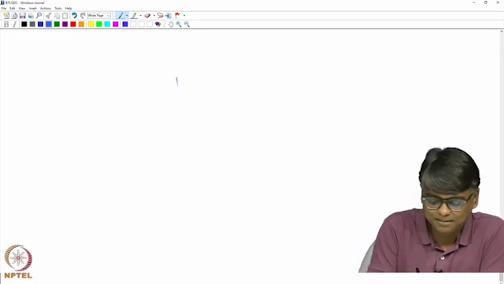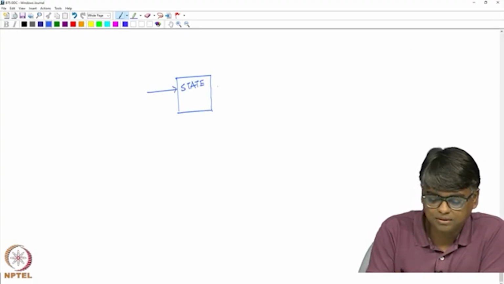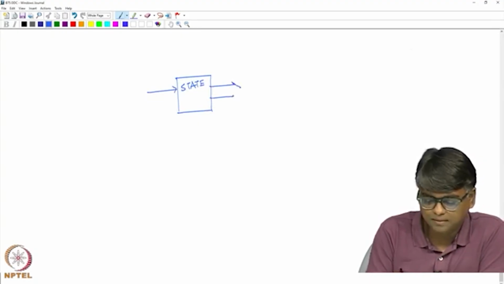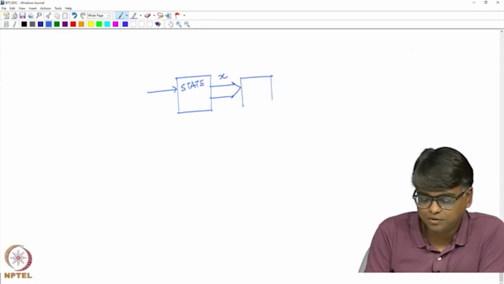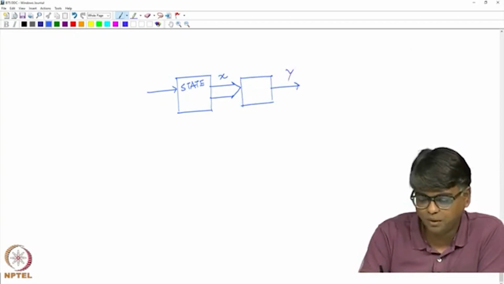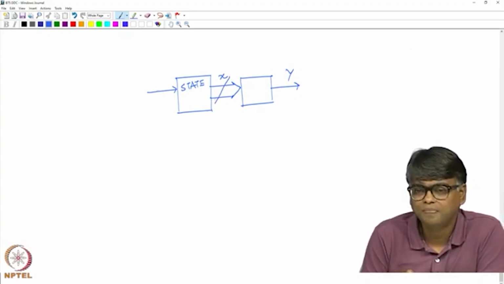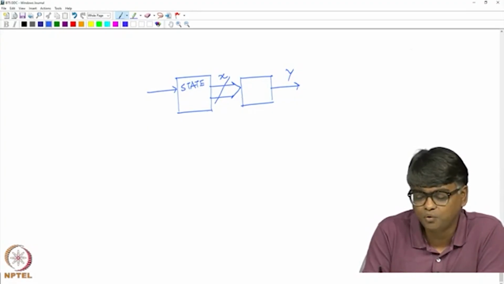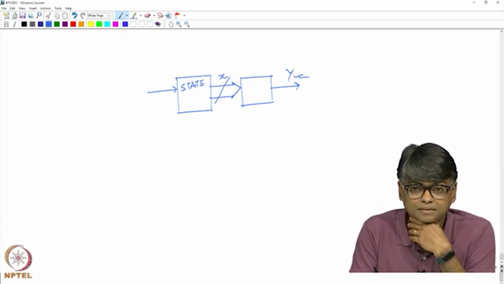If you have a state space representation, this is your state dynamics, which receives the input and produces x, the state variable that passes through this C, assuming that there is no direct feed through term, that gives you Y. Now, if this is kind of broken and you have lost observability, then some of the dynamics of the state variable will not show up as a dynamics in the Y variable, right.